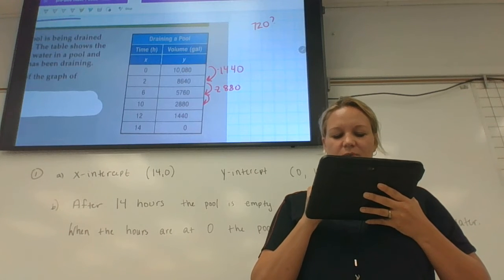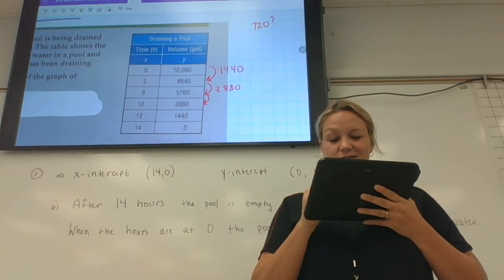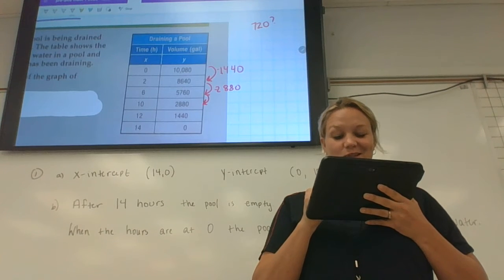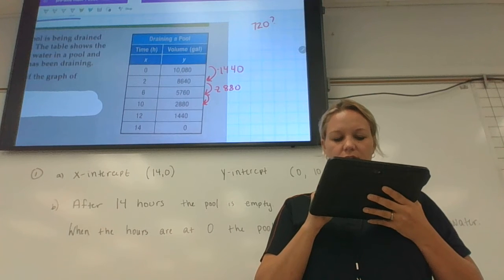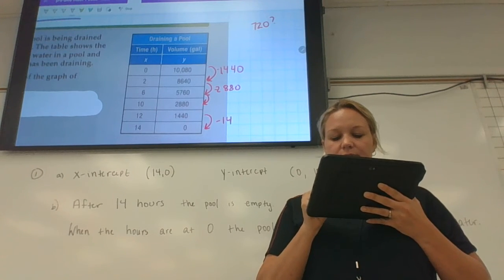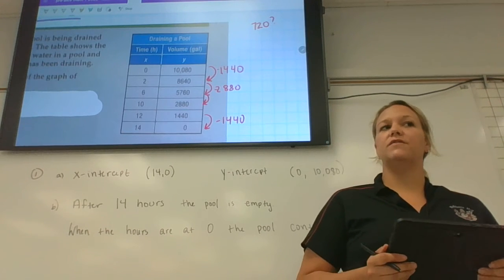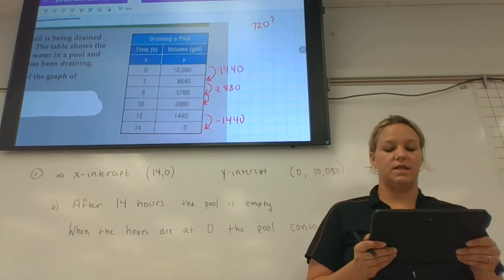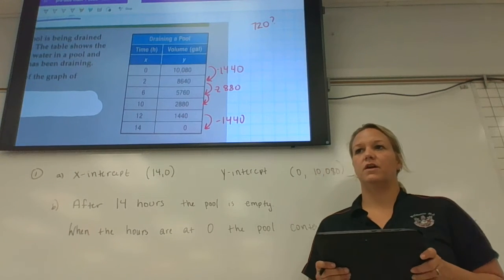And then how much here? Yikes. I'm gonna have to go with 2,880. No, that can't be it. Wow, there's our number right there. We know this one's pretty easy to see. All right, so I see 1440, but I don't see 720. Where's that rate of change coming from?